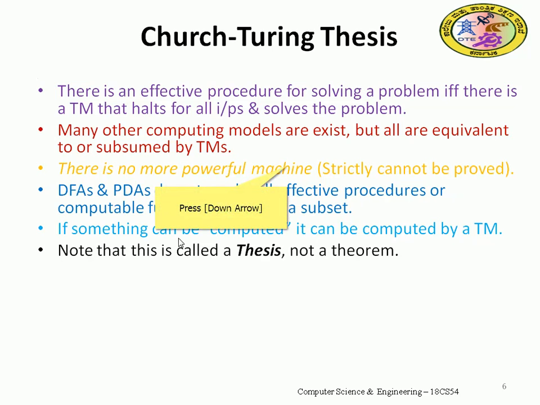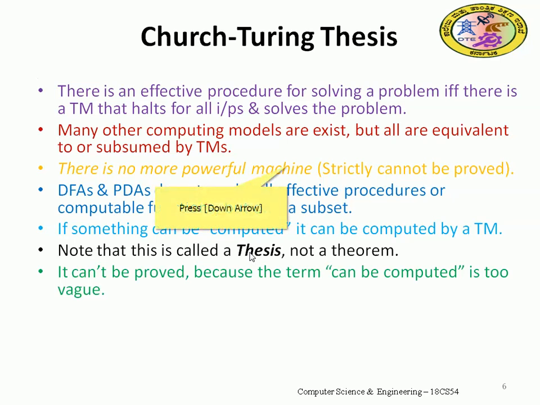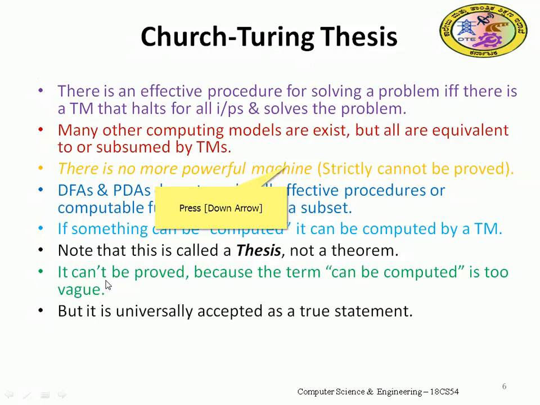Note that this is called a thesis, not a theorem. It cannot be proved because the term "can be computed" is too vague. But it is universally accepted across the globe as a true statement.